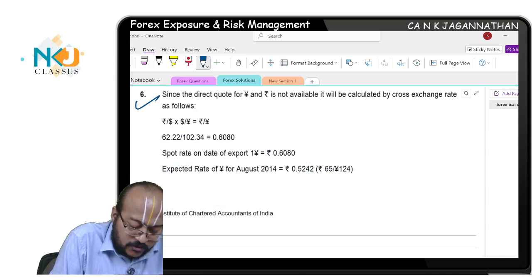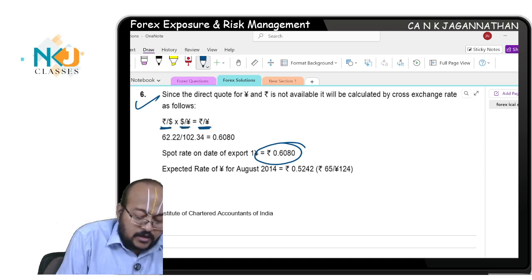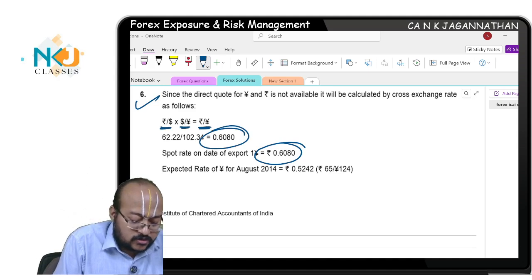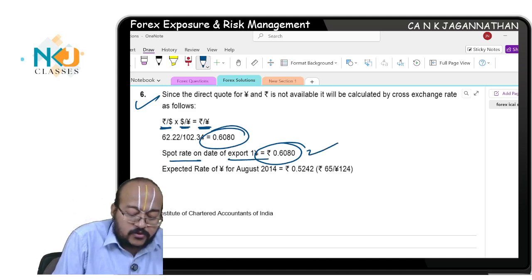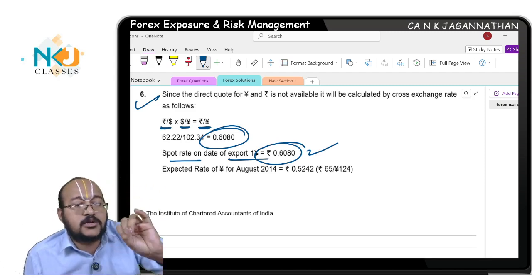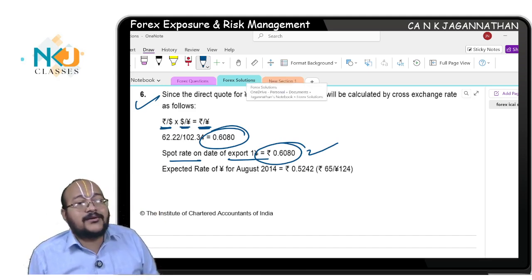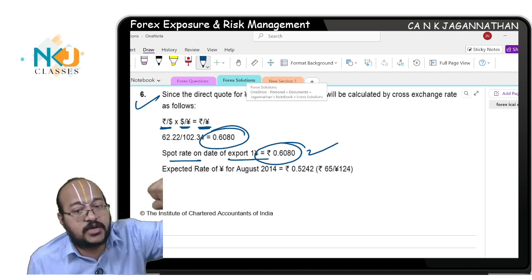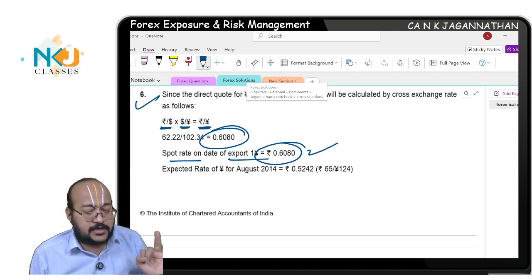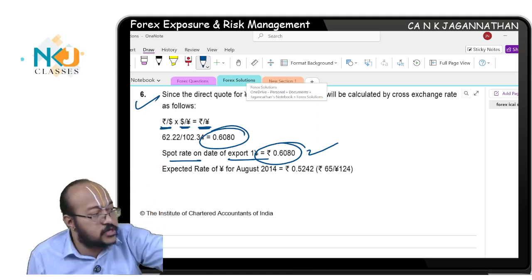The computation of the cross rate is given in the first step. Rupee per yen is nothing but rupee per dollar into dollar per yen. You have computed 0.6080, the spot rate on the date of export. I told you, 4 rates are given in the question. What are the 4 rates? Spot rate today. Then the estimated spot rate on the date of maturity. Third is the forward rate for 31st August quoted today.